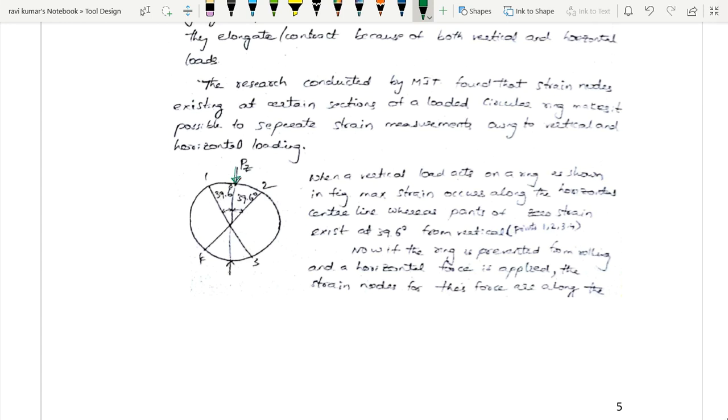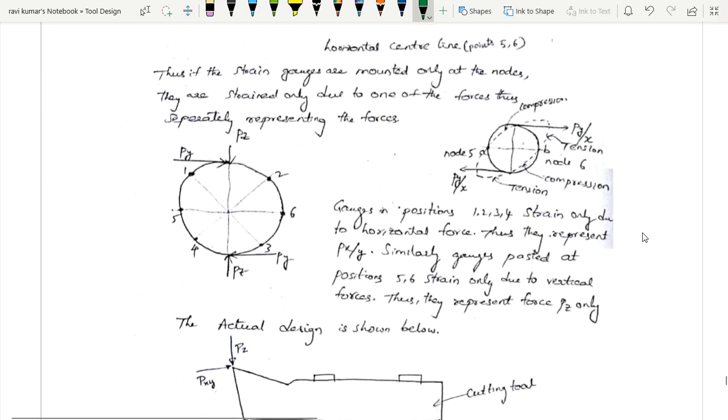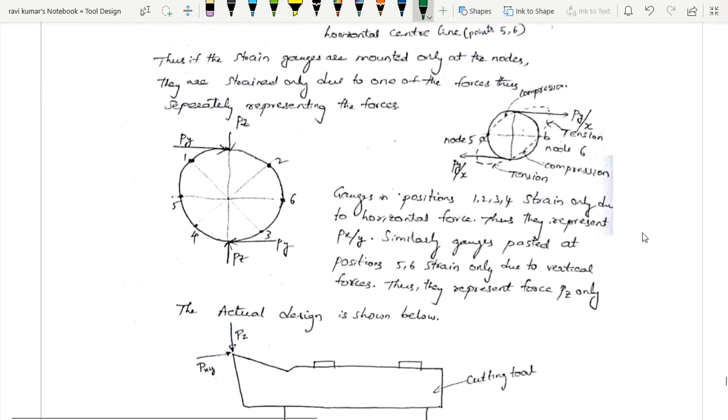They found that at locations 39.6 degrees from the vertical, say places 1, 2, 3, 4, at these places there is not going to be the effect of any load. That means they will be independent of the effect of Pz. Likewise, they also found that when I apply a force Py or say Px, there is not going to be any effect on these 2 points 5 and 6.